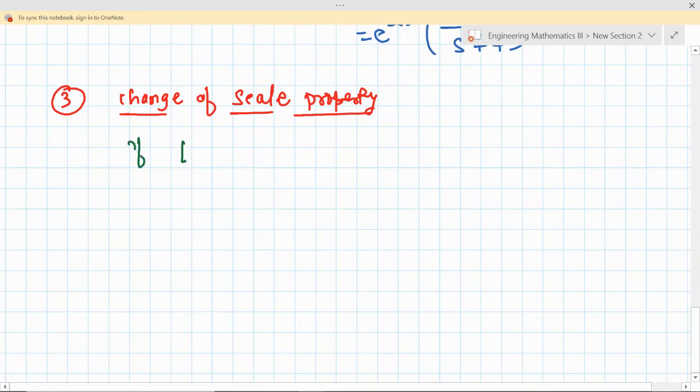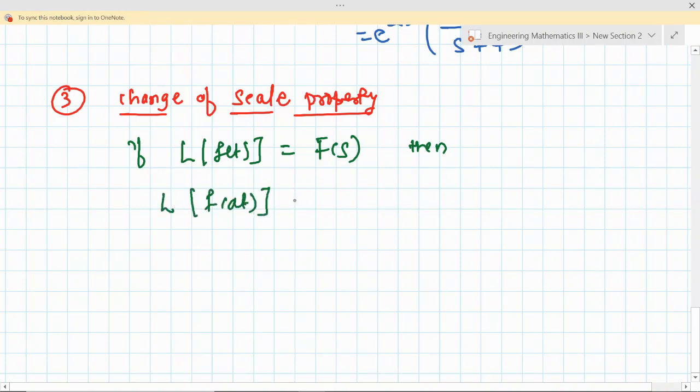If the Laplace transform of f(t) is equal to capital F(s), then the Laplace transform of f(at) is equal to 1 upon a into capital F(s upon a). This is the change of scale property, and this is very obvious.